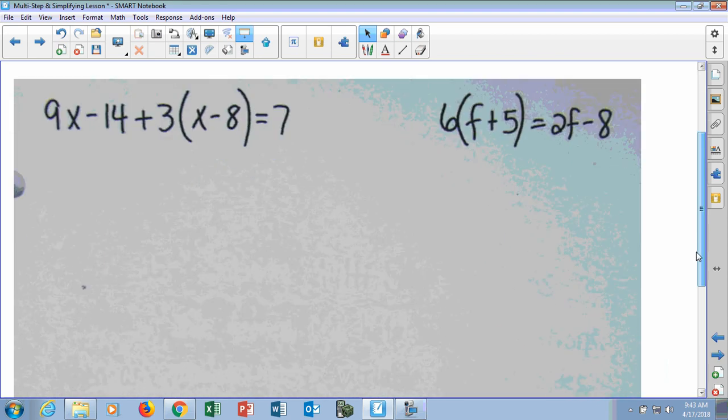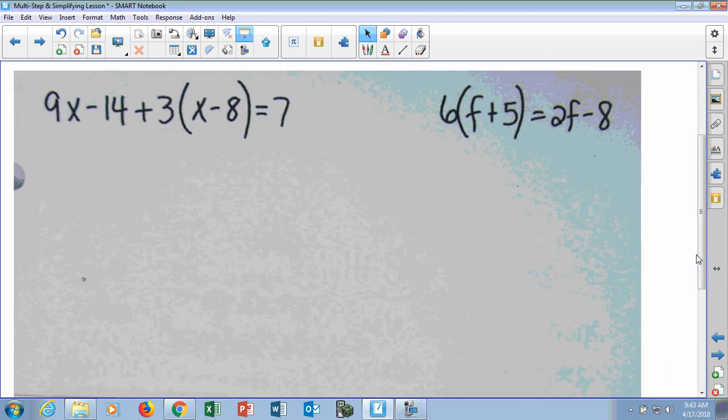So we have two problems here. Here's what I want you to do with your face partner, that means the person across from you. So 1s and 3s, if you're 1 and 3 at your table, raise your hand. Okay, you two together are going to work on this problem, the 9x minus 14 plus 3 times x minus 8 equals 7.